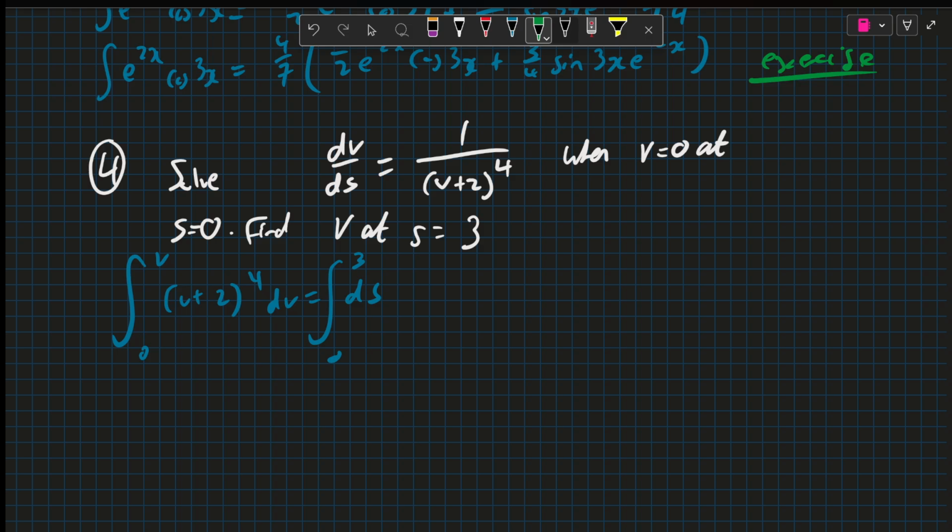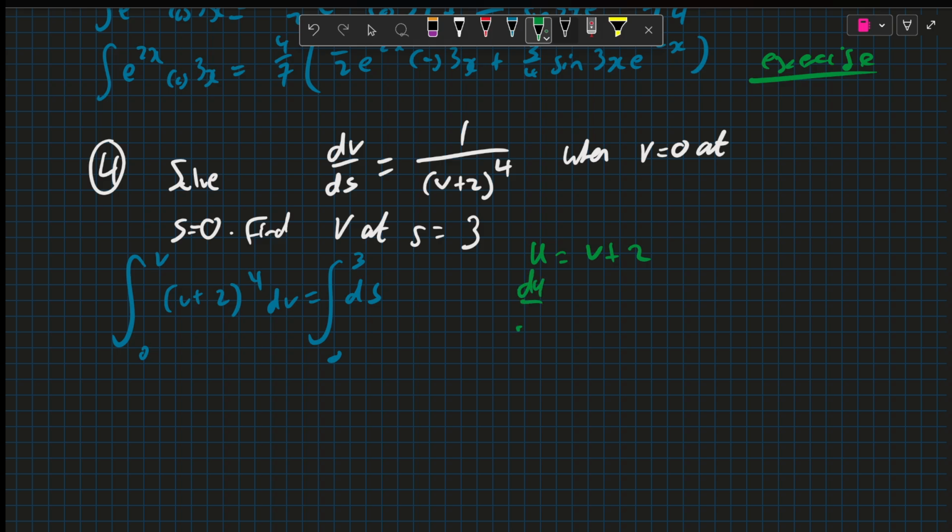So the substitution I'm going to make is to try to get rid of this complicated expression in the middle. So I'm going to let u equal v plus 2. Now, we're going to be integrating u with respect to v, which we can't do. So I'm going to have to get a replacement for dv.